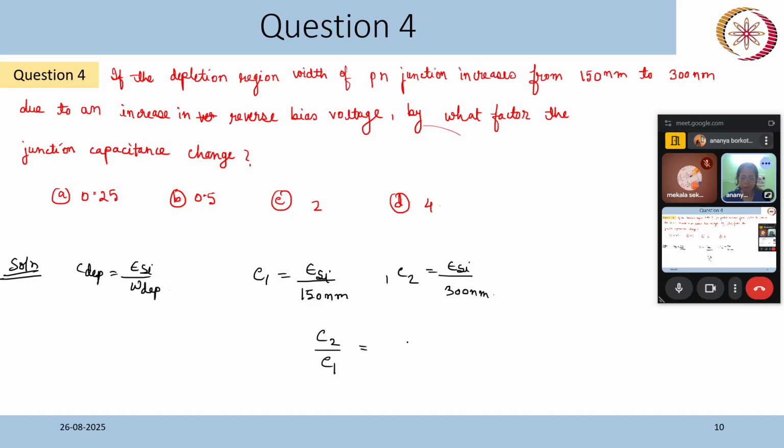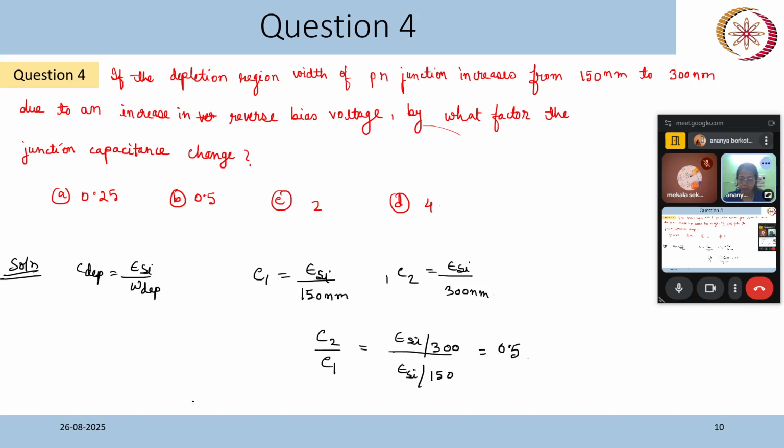Okay. We always take the difference with respect to the initial one. That's why these options are confusing, and both options are given. This is 150, so this is 0.5.